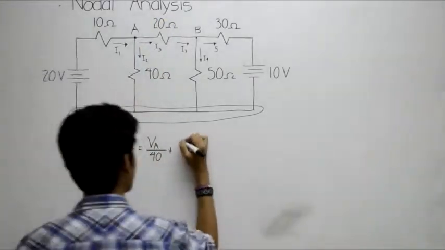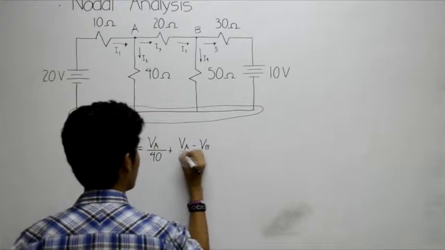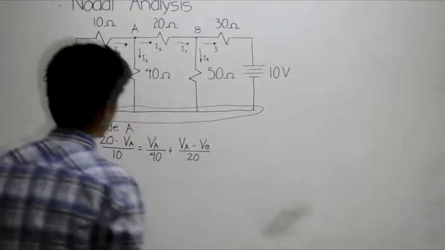So that will be VA minus VB all over 20.